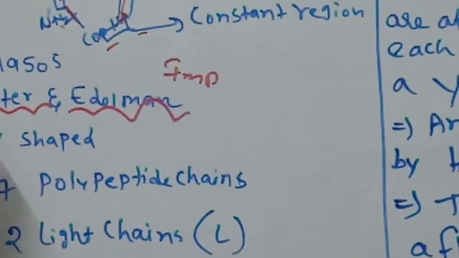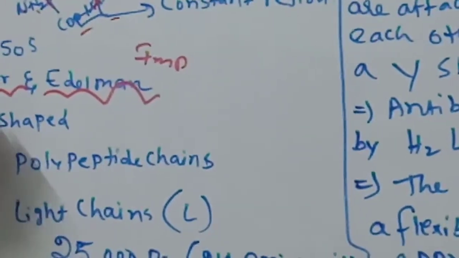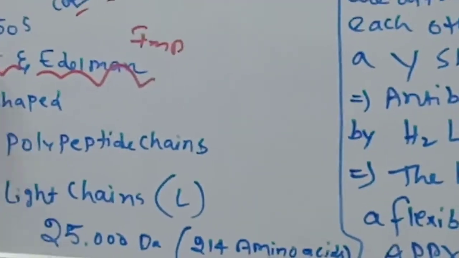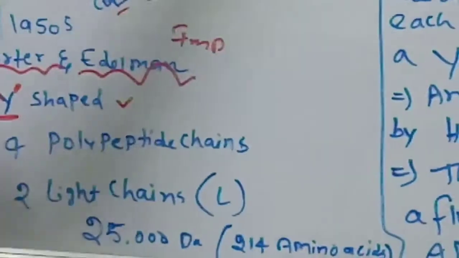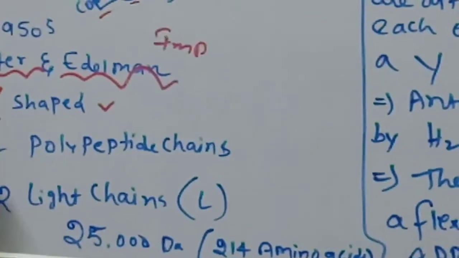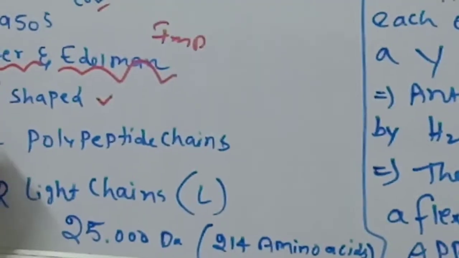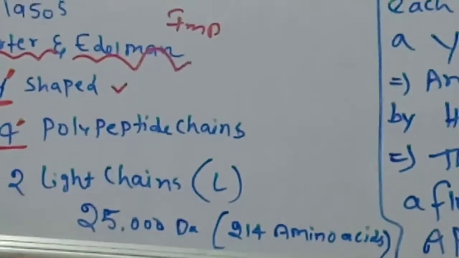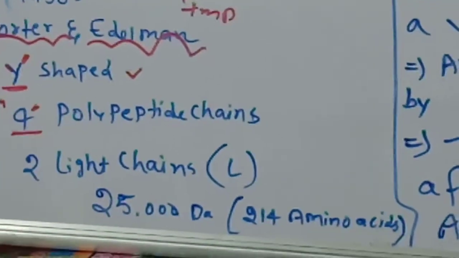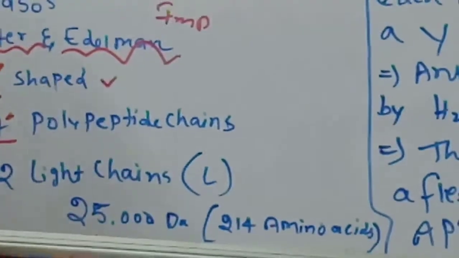The antibody or immunoglobulin is which shaped? Y shaped. In the immunoglobulin structure, how many chains are there? Four polypeptide chains are there.